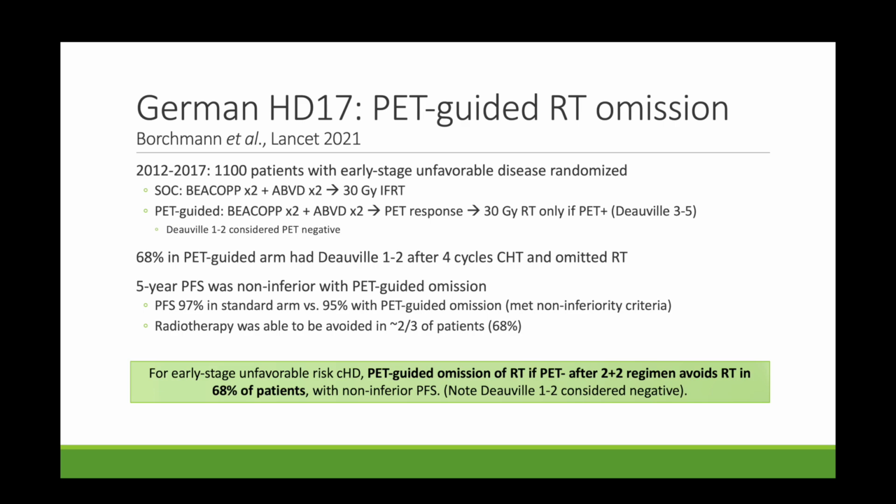It turns out that when we use escalated chemotherapy, so the 2+2 regimen of BEACOPP times 2 followed by ABVD times 2, if patients have a Deauville response of 1 to 2, then we can omit radiation. And 68% of patients avoided radiation in this trial. So again, BEACOPP is not something that we standardly utilize in the US, but I think it is good to be aware of this trial.